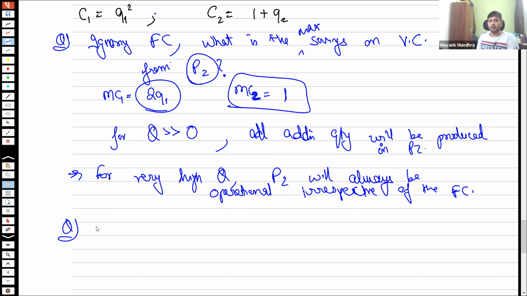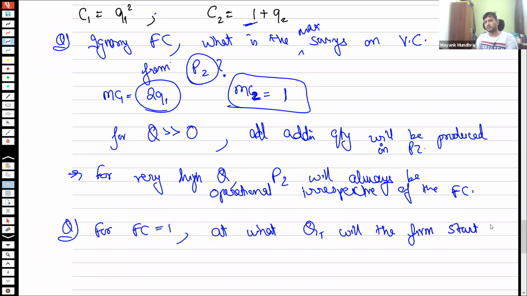So my question is that for fixed cost equal to 1, as is given in the question, at what quantity QT will the firm start plant 2?